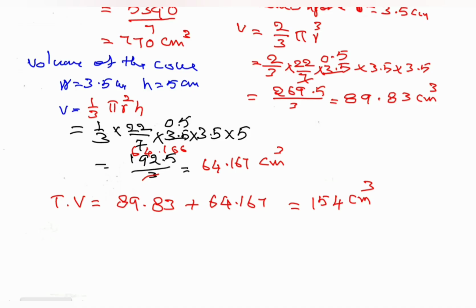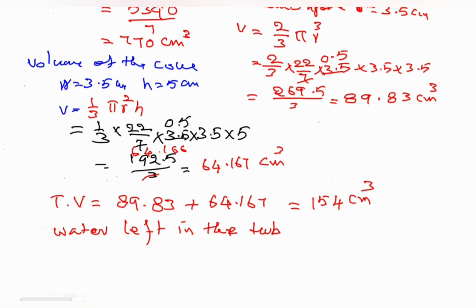Then the volume of the water replaced is 154 centimeter cube, then the water left in the tub, because this 154 centimeter cube of water is replaced in the tub.